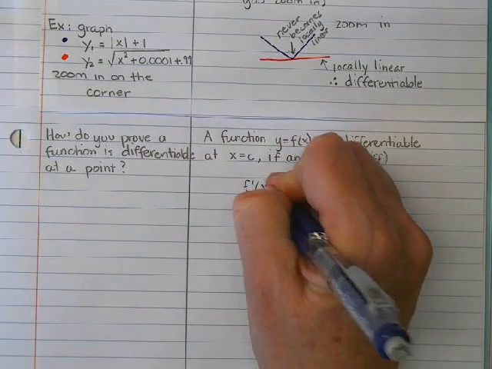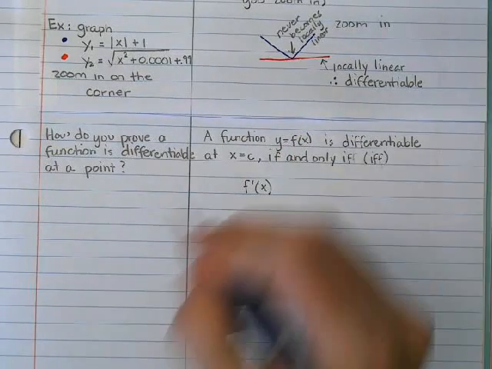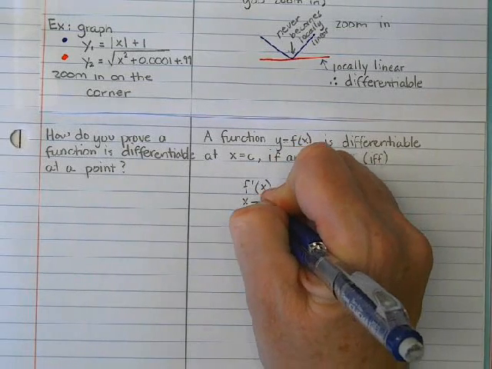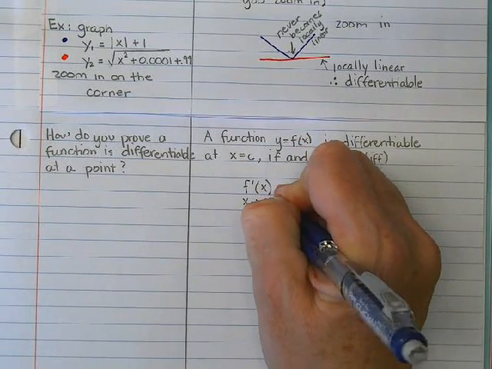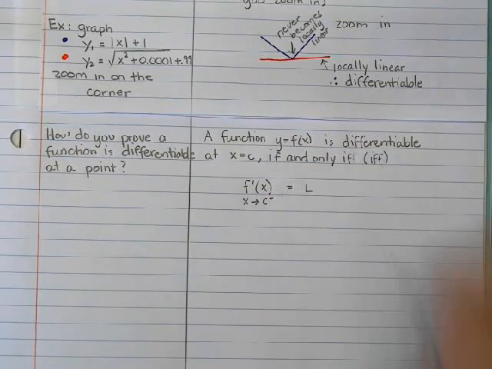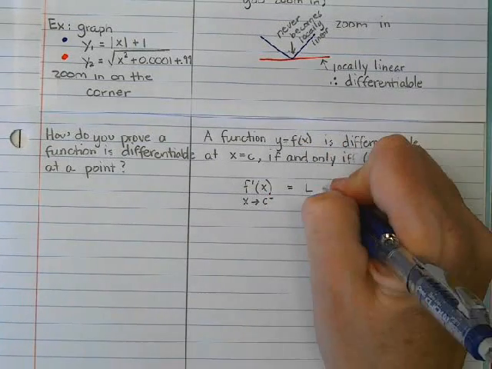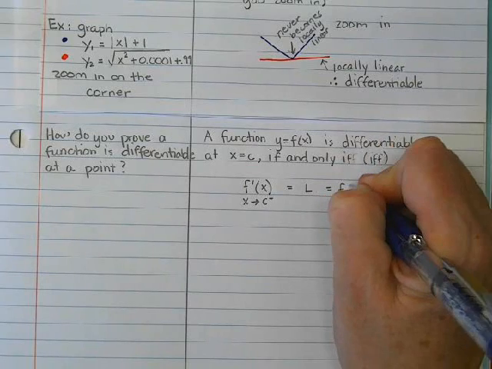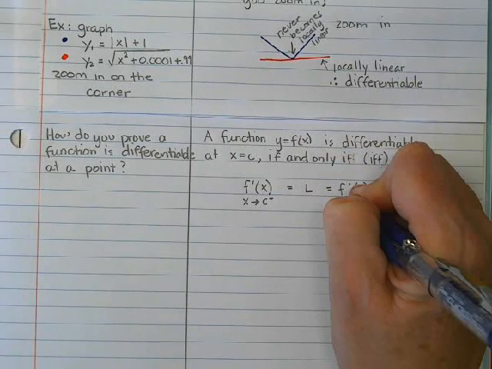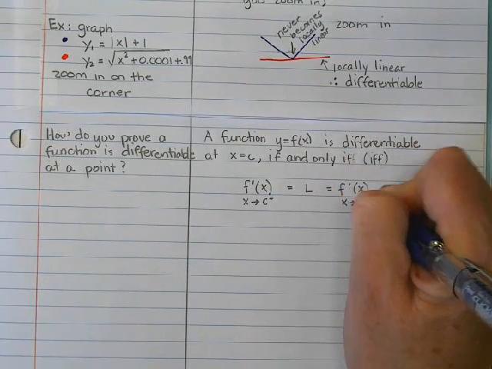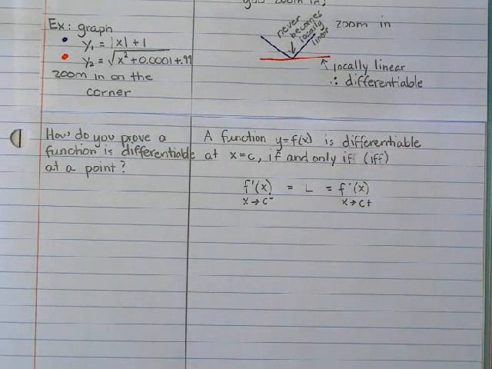So we're going to say if and only if the derivative, which is the slope of the tangent line, as x approaches c from the left is equal to some number, and that number is the same as x approaches c from the right.